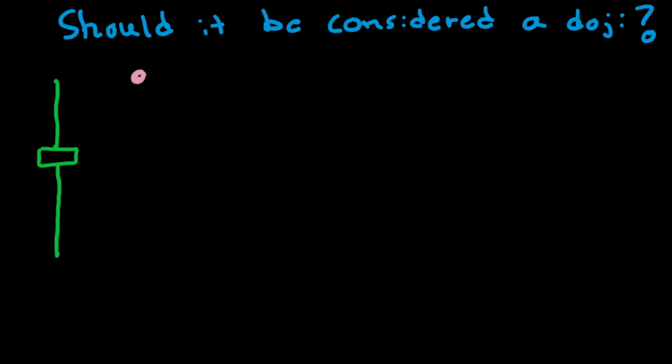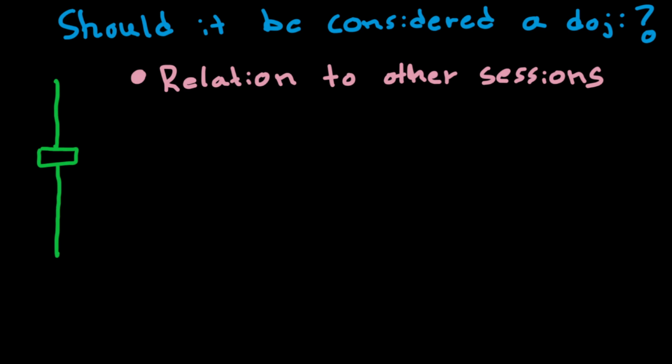The first thing is the relation to the other sessions. A doji is much more significant if it comes after some strong and long candles. So if we have, for example, some very strong candles here, and then we have a doji, but it has a little body, looks something like this, then we should consider it a doji.